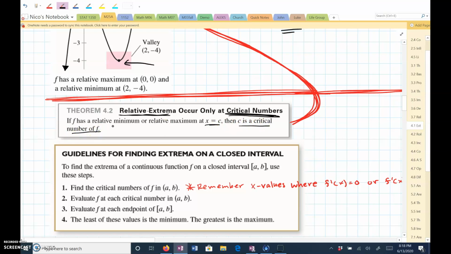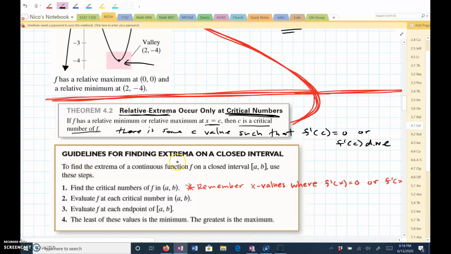If it's a critical number, that means there is some c value such that f prime of c equals 0, or f prime of c does not exist.